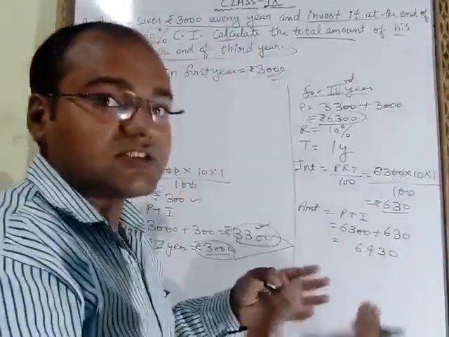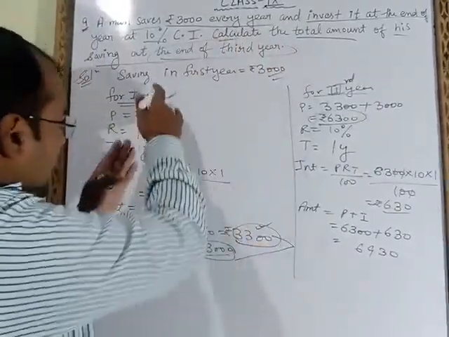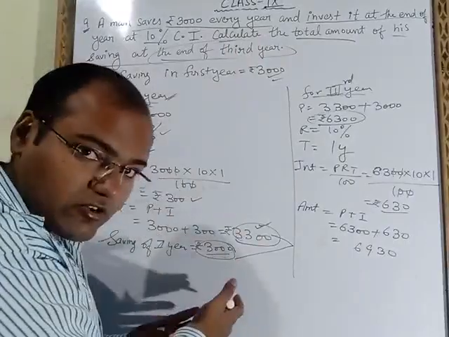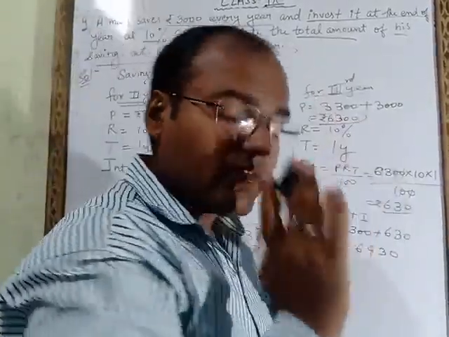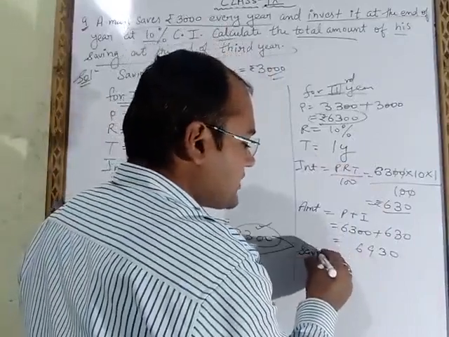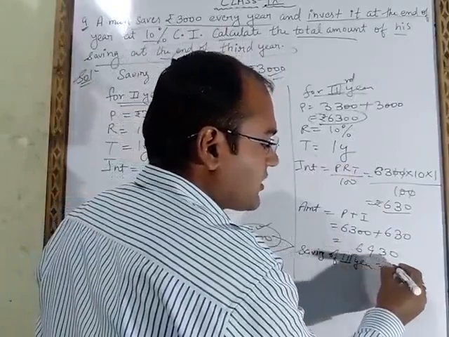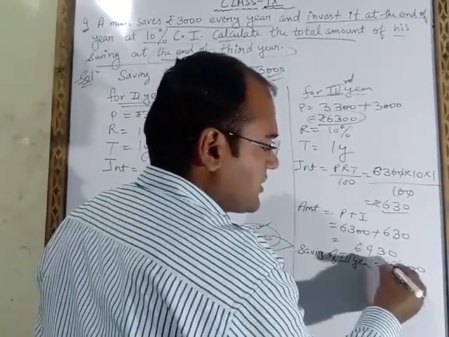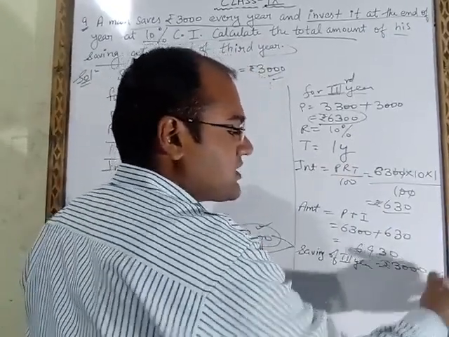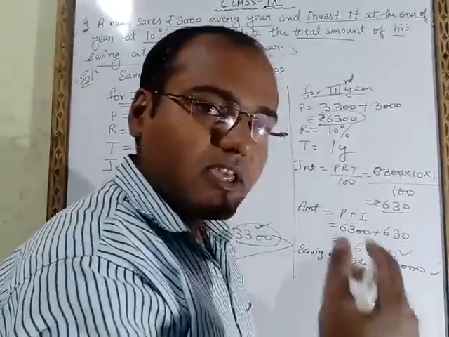Every year he is saving something. In the first year he saved 3000 rupees. In the second year also he saved 3000 rupees. In the third year also he will save 3000 rupees. So we have to write here the saving of the third year, which is how much? 3000 rupees. So this much he had saved himself, and this much money he got from his investment.